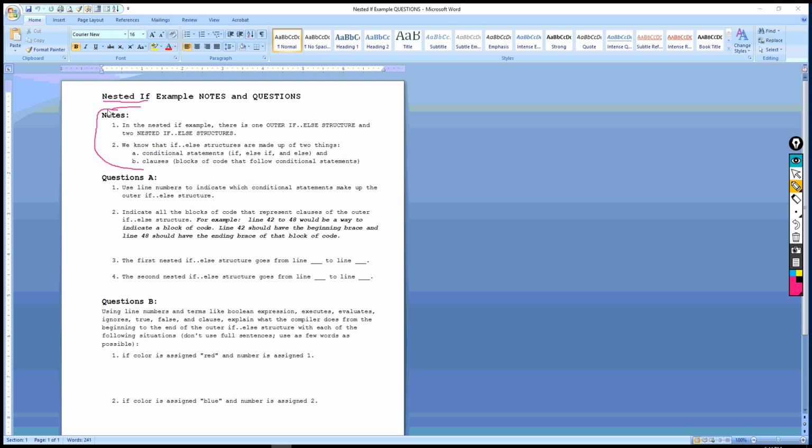So I'd suggest strongly that you read these notes here, and then answer these 4 questions, and then turn the video back on, and then I'm going to go through these questions, and then after that, I'll have you go through the questions B, and then we'll go through those answers. So go ahead and check the notes and do questions A 1 through 4 there.